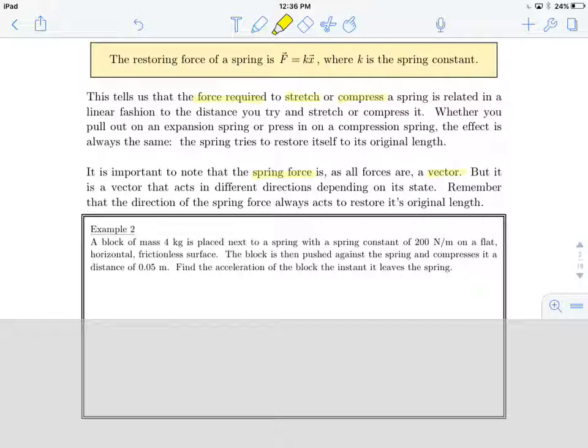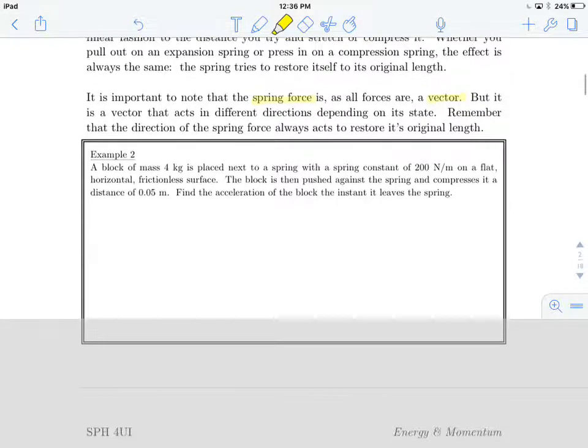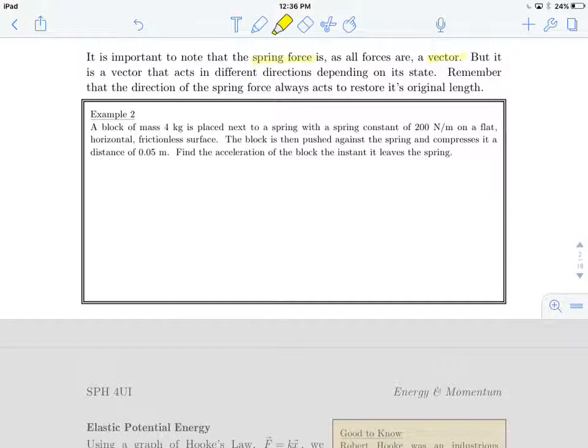If you stretch a spring, it's going to want to return to its original position. If you compress a spring, it's going to want to return to its original position. So the direction of the spring force can change depending on what you're doing to it. It's what we call a restoring force. It always wants to go back to its equilibrium state.